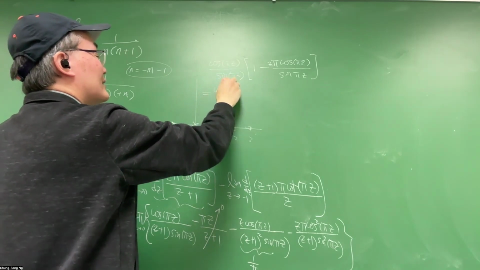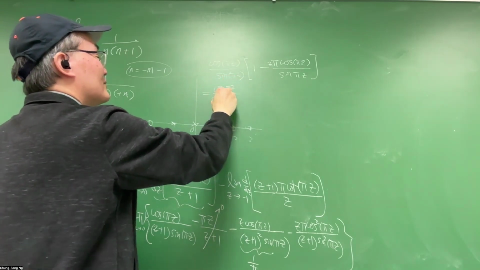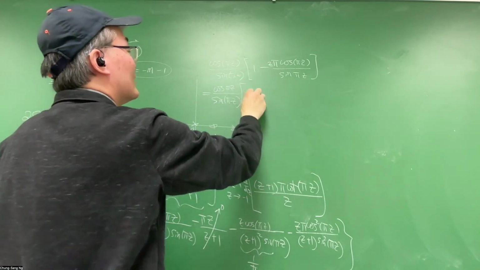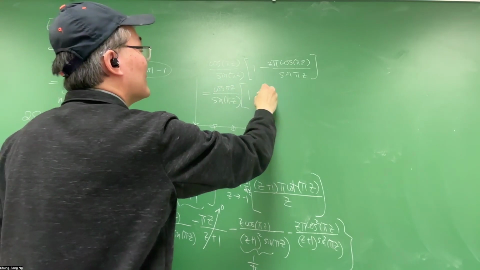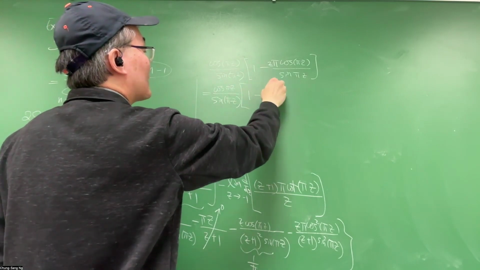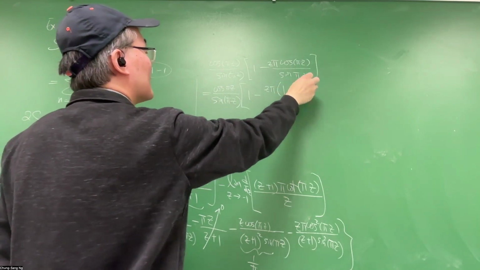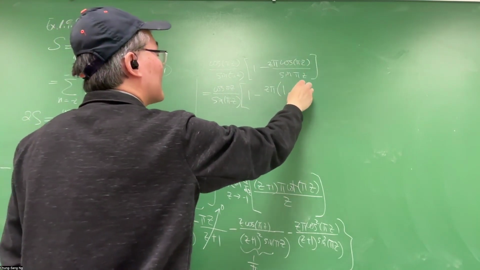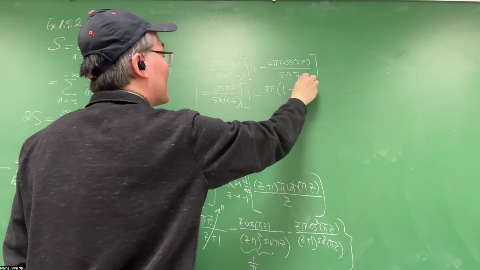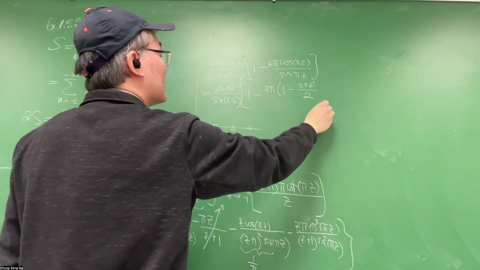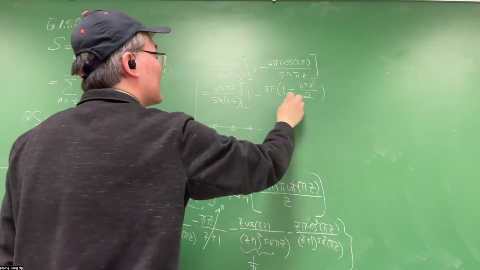Cosine pi z, sine z, therefore 1 and minus pi z. And now we use the expansion: cosine is 1 minus pi squared z squared over 2, right?